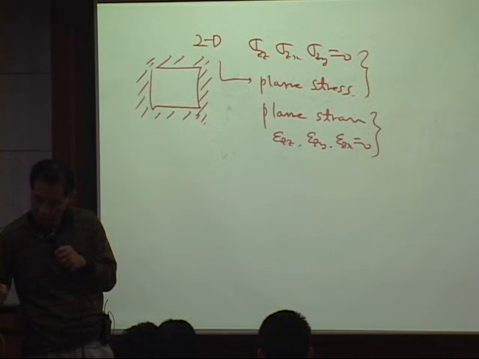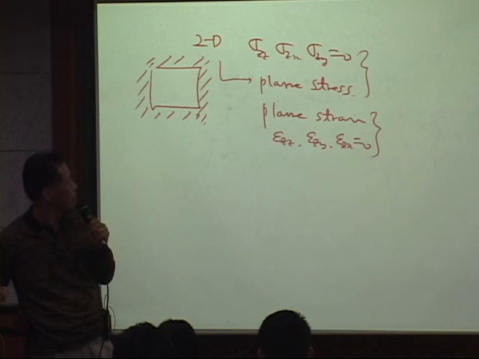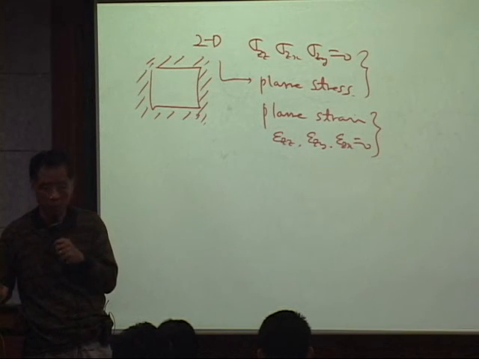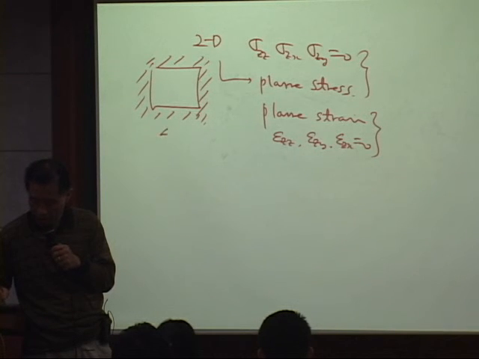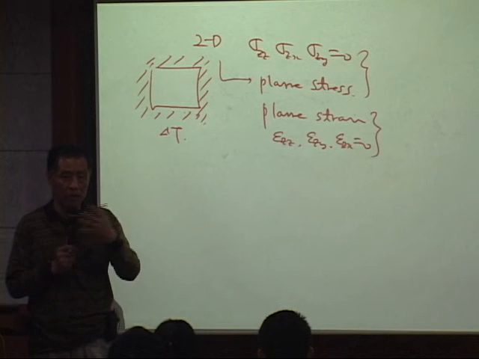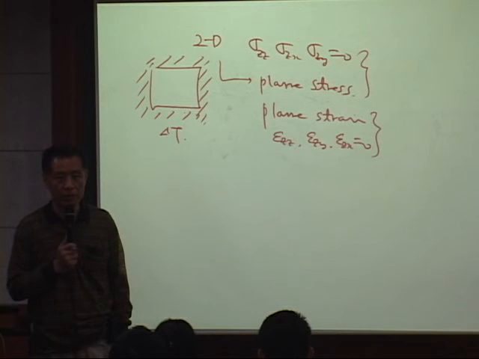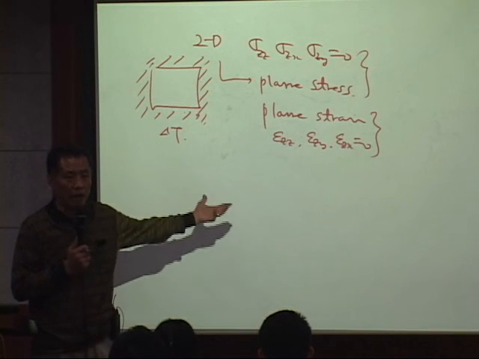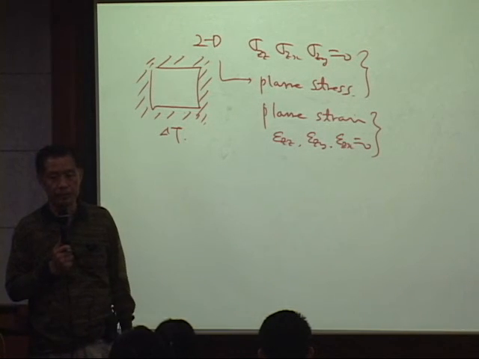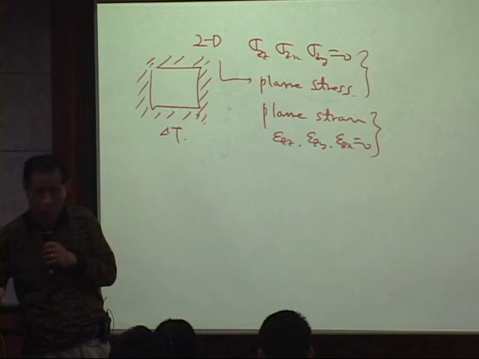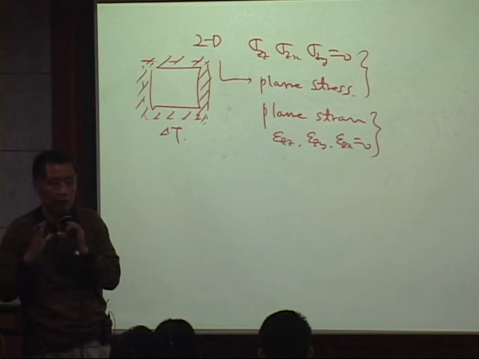So anyhow, if we have a plate or a two-dimensional body with a constraint on each side, and then subject to delta T. You had this one as a homework, right? Yeah. And delta T increased. And what happened to this body? If there is no constraint, this body will expand this much, right? Freely expand.